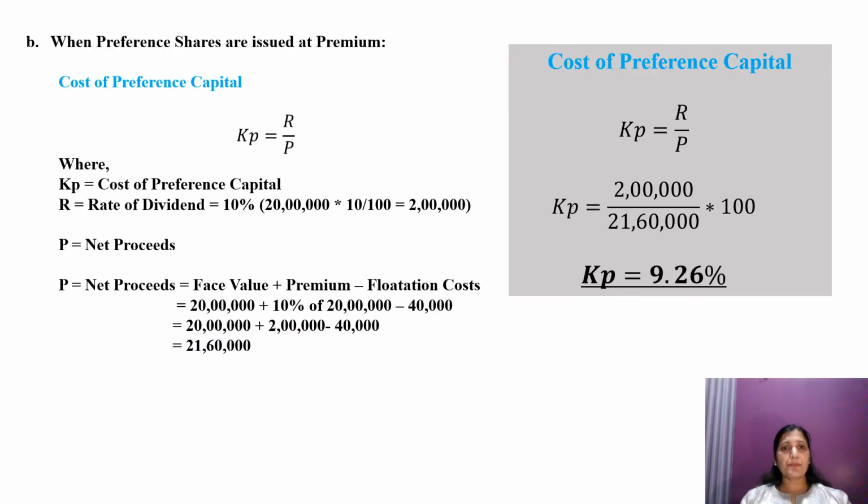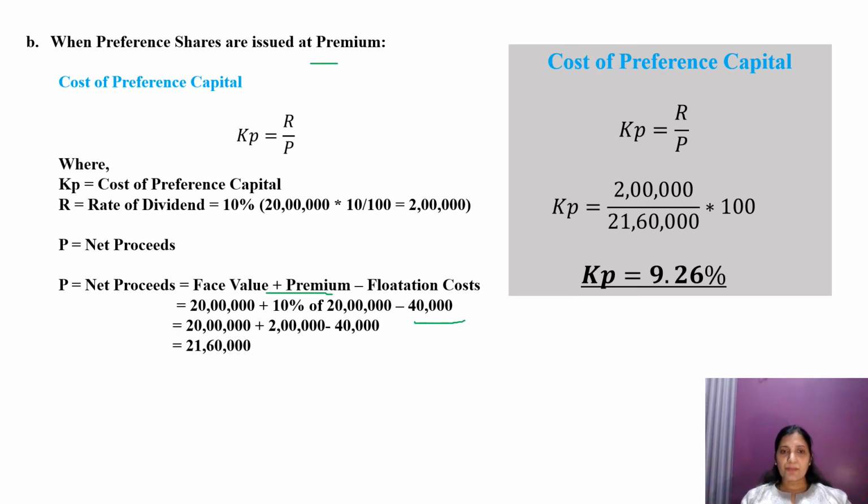So part 2, when preference shares are issued at premium. The formula will remain the same. The rate of dividend is the same, that is 10% of 20 lakhs. Net proceeds: face value, since it is at premium, plus premium, which is 10% of 20 lakhs, minus flotation cost. Flotation cost is rupees 2 per share, which I have calculated and taken here.